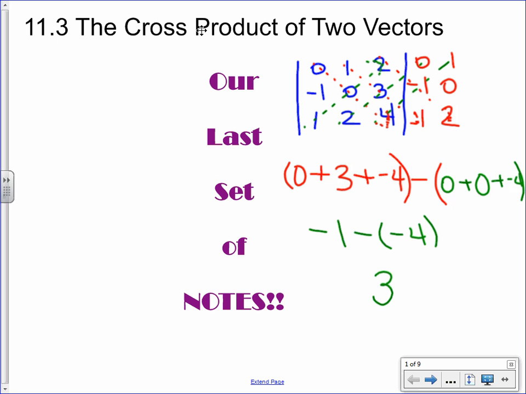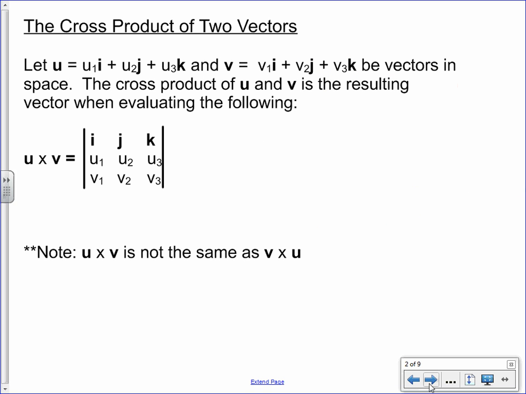Okay? All right, so what does this have to do with anything related to vectors? Let me show you. So we can take the dot product to get a number, right? Now we can take vectors in 3 dimensions.